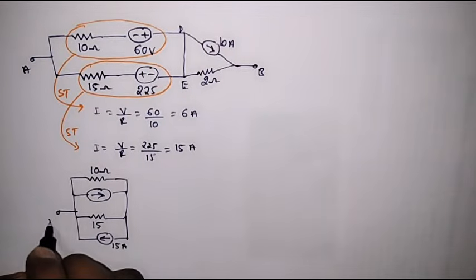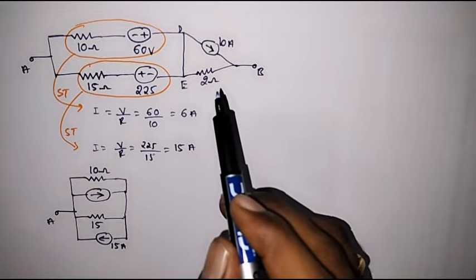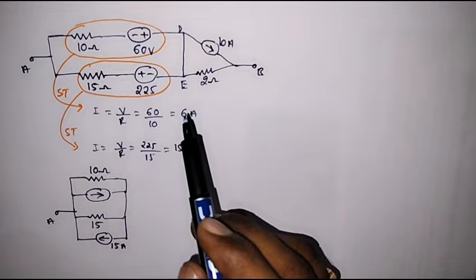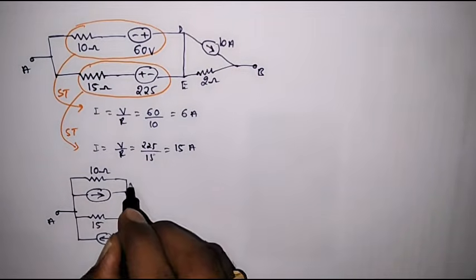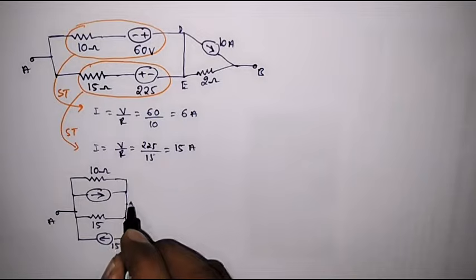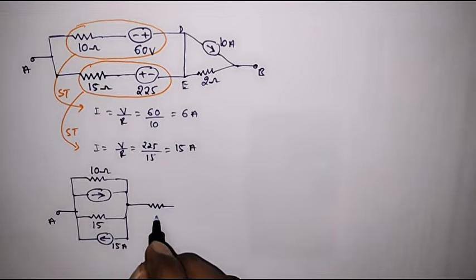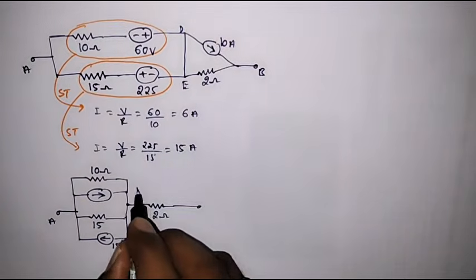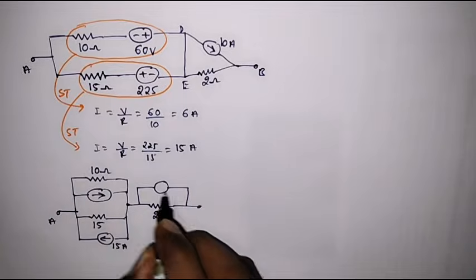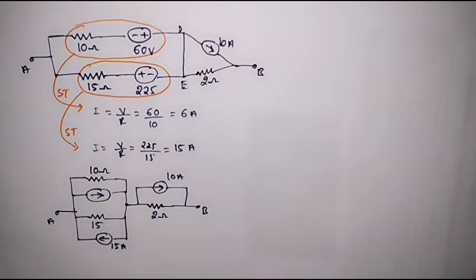This is terminal A, and here there is a 10 ohm resistor. These all nodes are the same point now. So here I can draw 2 ohm resistor in parallel with 10 amp. It is connected to node B.